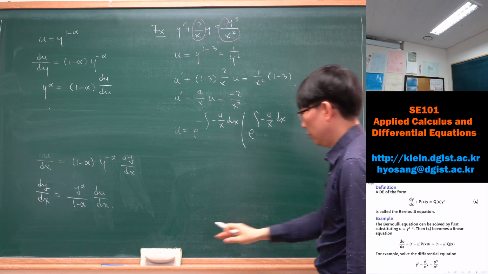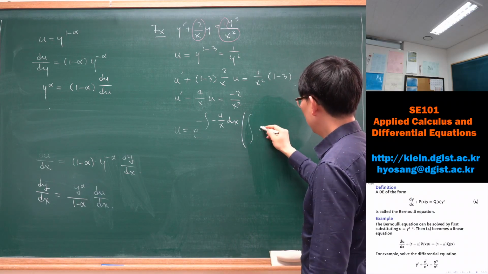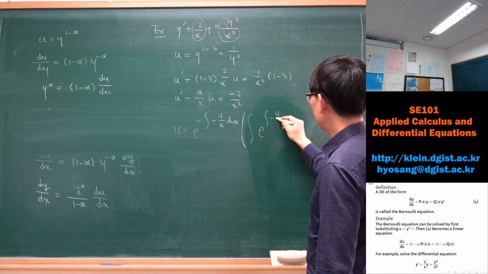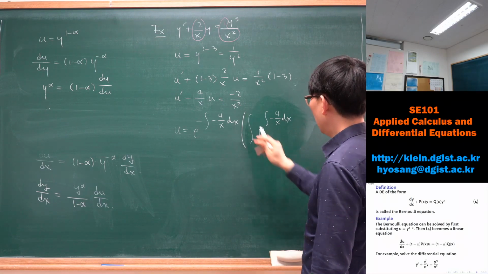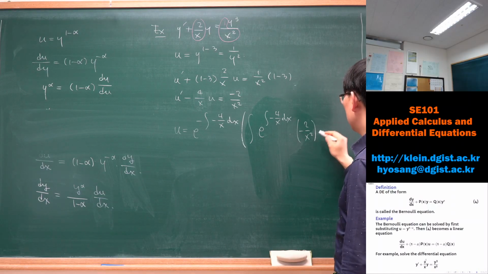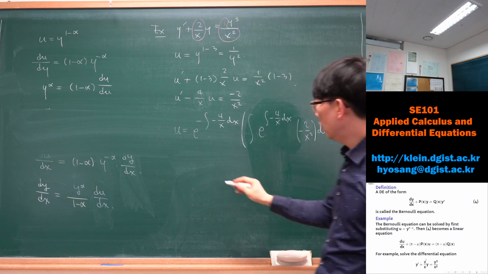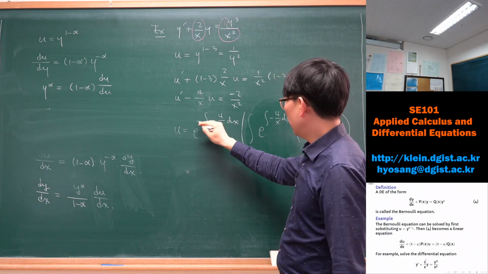And I'm sorry, there's another big integral. Big integral of e to the negative integral of 4 over x dx, times q, which is negative 2 over x squared, dx, plus c. So this is plus.